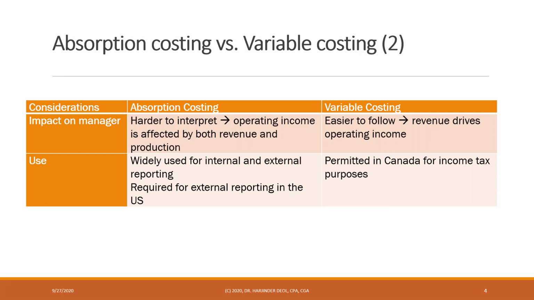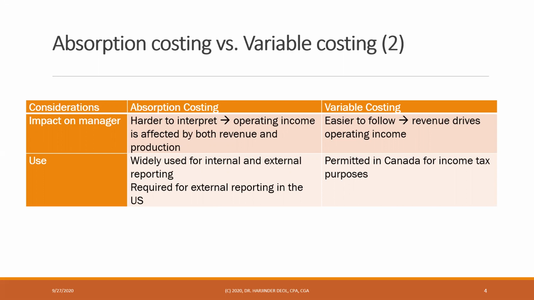But variable costing is preferred by some managers for internal decision making because these managers believe that truly the avoidable cost is only the variable cost. When we are preparing our contribution format income statement that we looked at in the earlier chapters, with the 3-column format, that has to use the variable costing method.